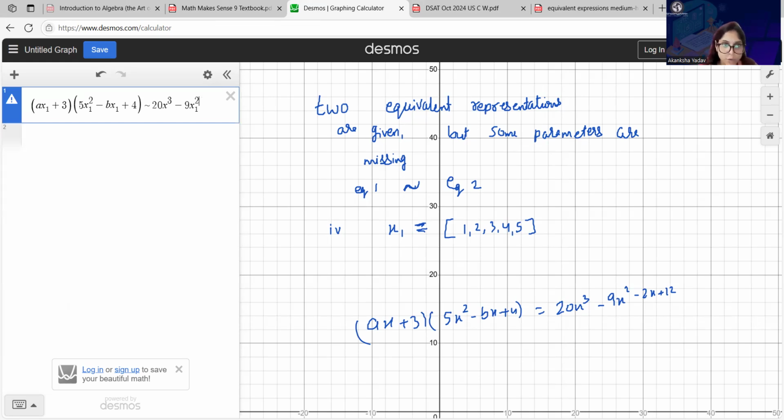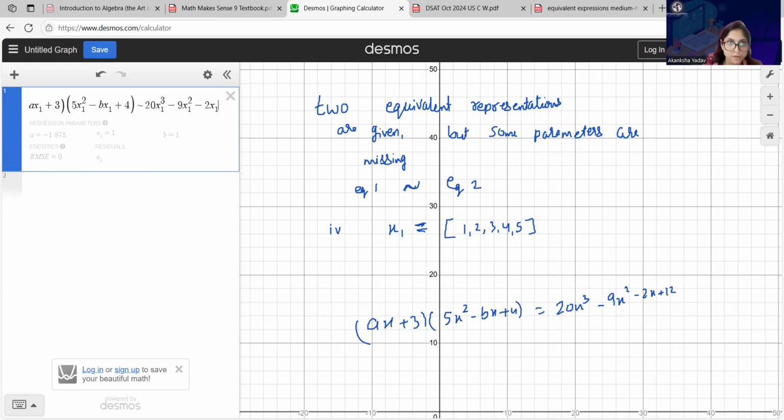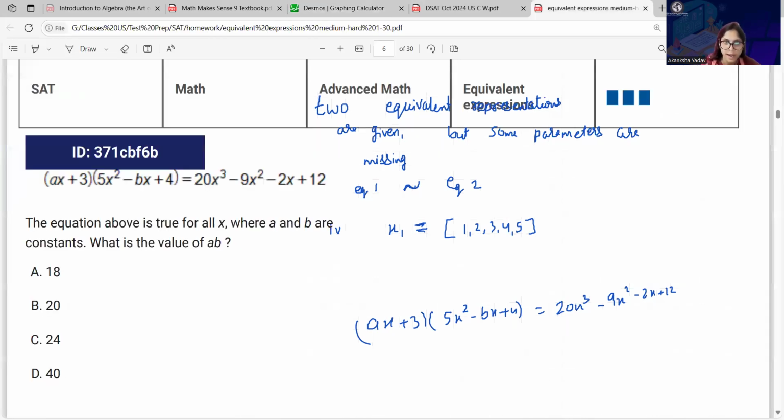And here also, to make x1, just after x write 1, it will become x1, minus 2x1 plus 12. You're directly getting the values of a, but here you are getting x1 as well. But we know that x is your input variable because this is a function of x, and only a and b are constants.